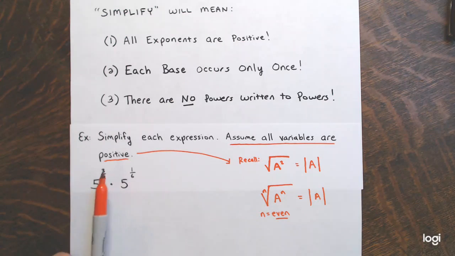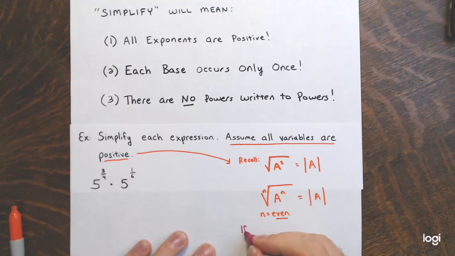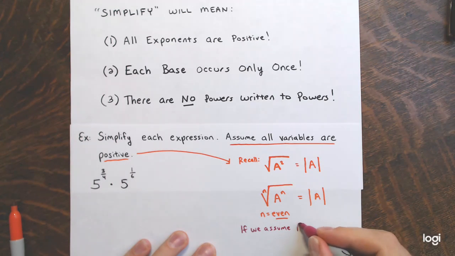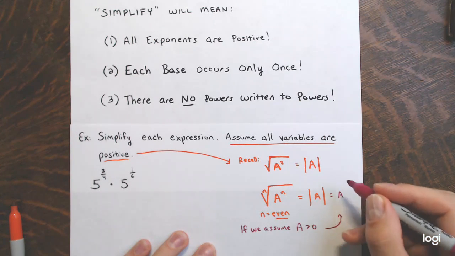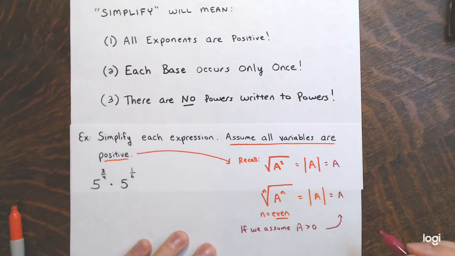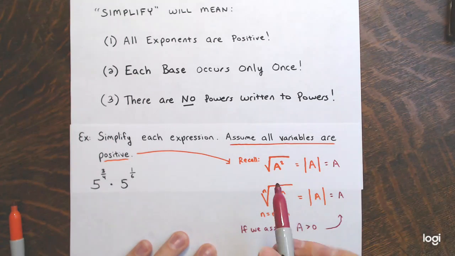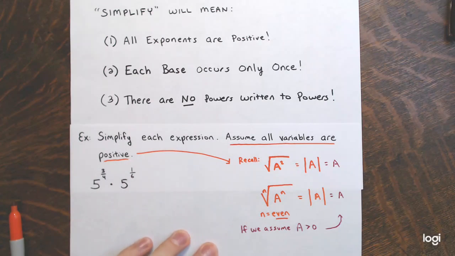But if they're saying assume all variables are positive, if we assume a is positive, then we don't need the absolute value symbols, because a is already a non-negative number. So if you ever see this instruction when you're asked to simplify an expression involving radicals, and remember, radicals are just like these roots, these fraction powers.